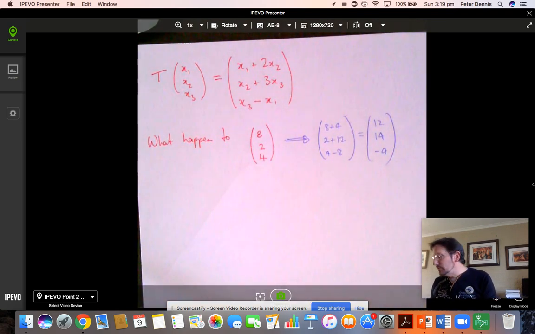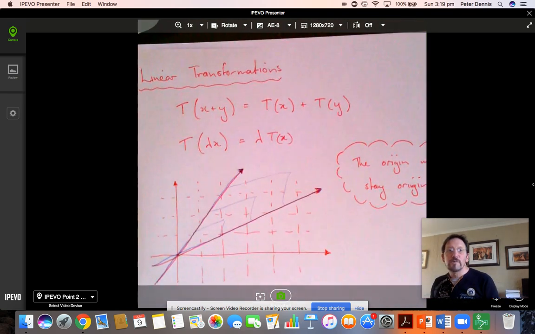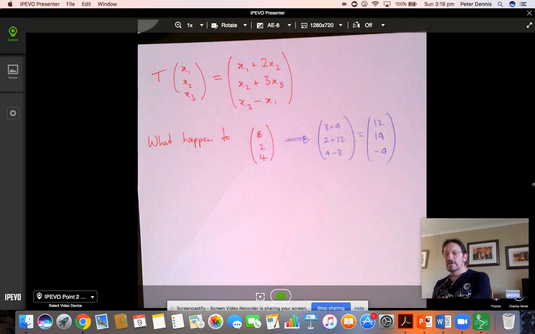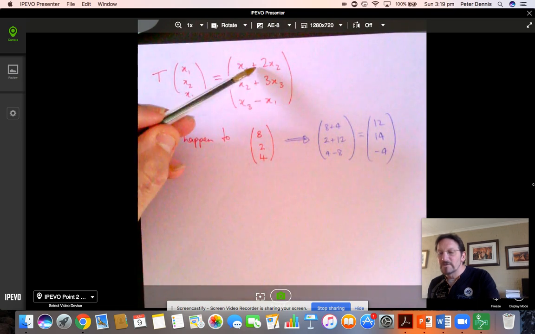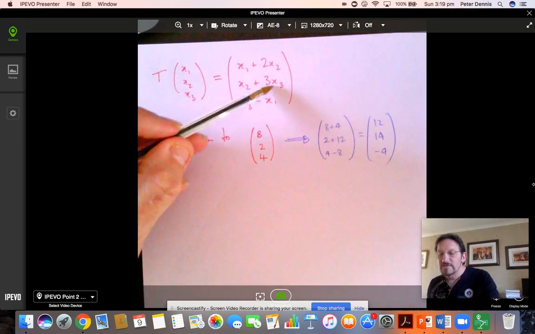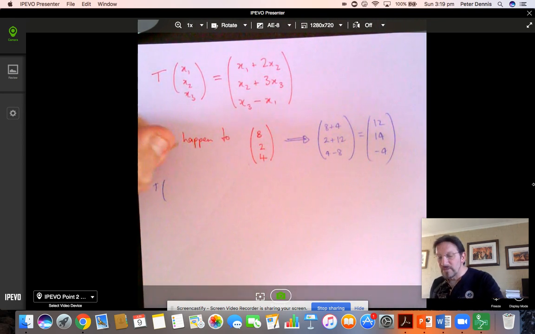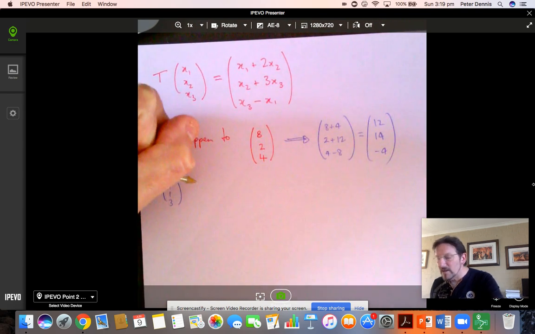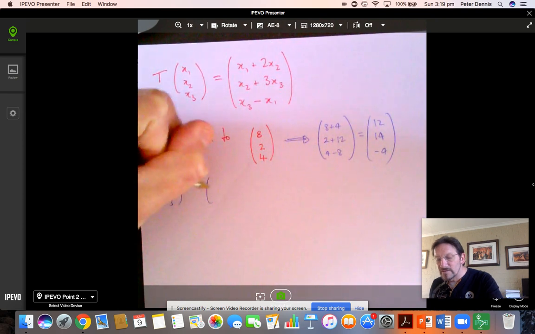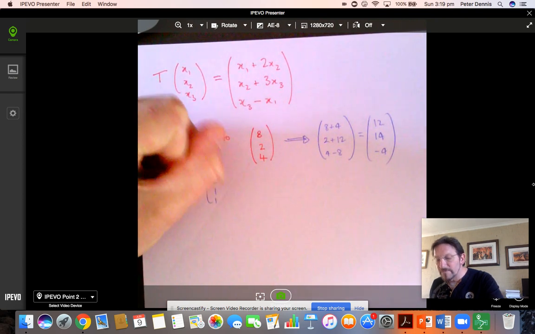So let's look at those two rules that I had before. For it to be a linear transformation, number one, you could check 0, 0, 0. You're going to get 0 plus 2 times 0, yep, that stays as 0. So they stay as 0. But let's suppose we had x as 6, 1, 3, and y as 2, 1, 1.